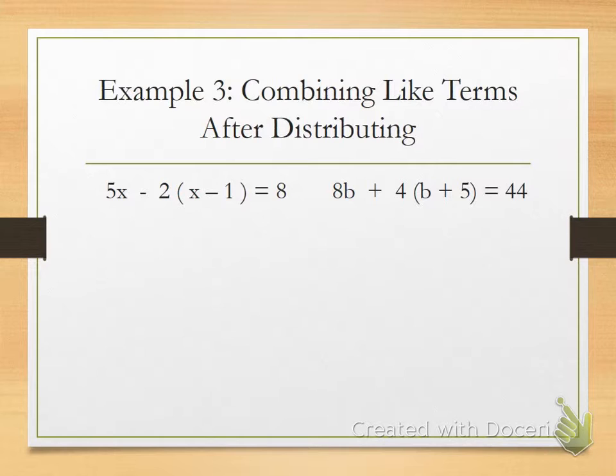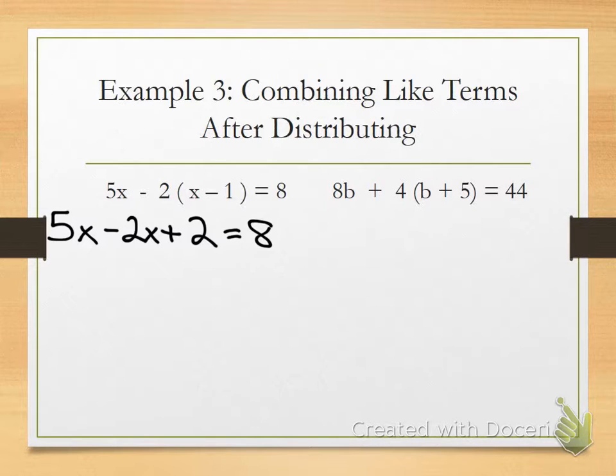Is it 2 times x or is it negative 2 times x? It's negative 2. I can't ignore that sign in front of the 2. Okay, so 5x minus 2x, plus or minus 2? Plus 2. Negative 2 times negative 1 is a positive 2, equals 8.